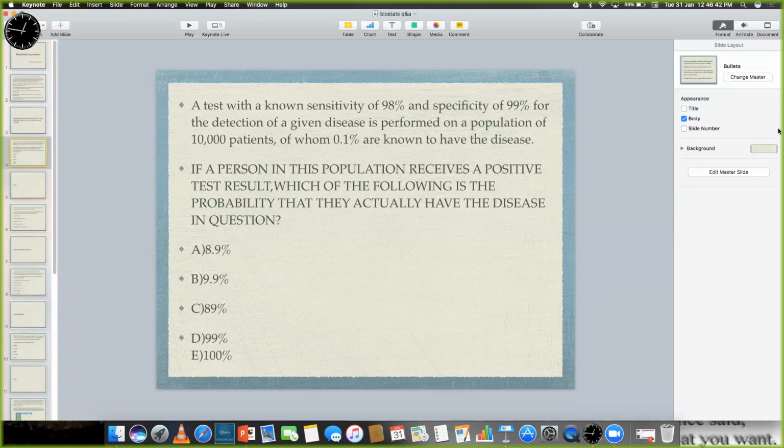Now, the positive predictive value means to predict that if a test is positive, the person has the disease. The test came positive, and also the person has the disease for sure. That is what is told by positive predictive value. Suppose the positive predictive value of a test is, say, 50%.